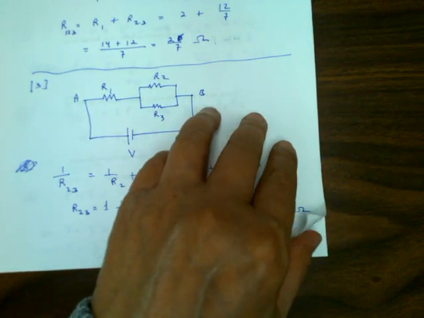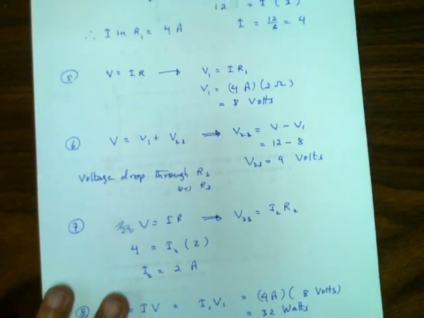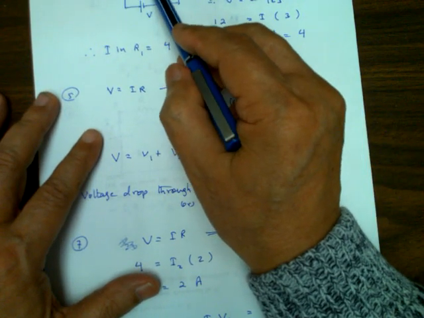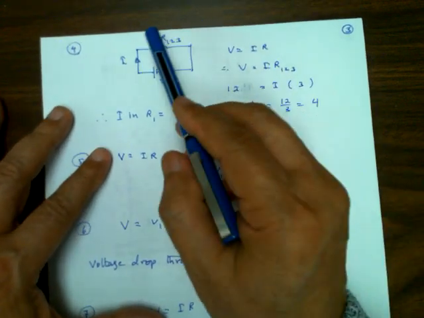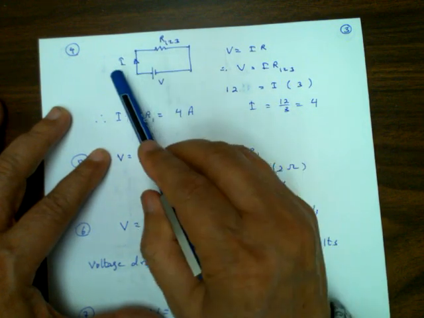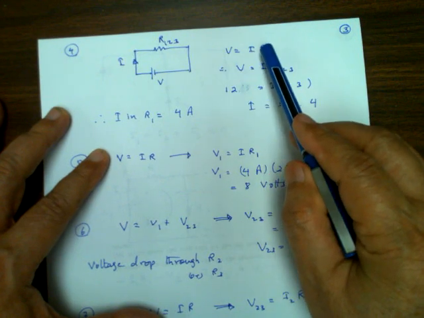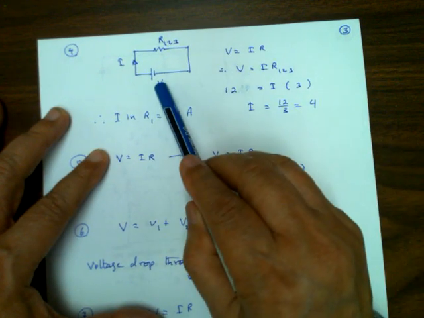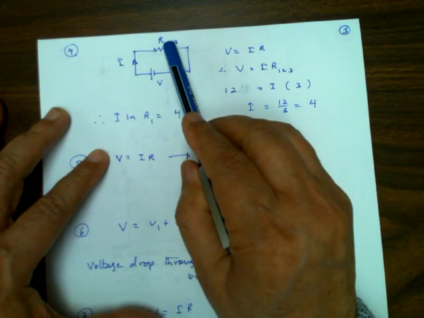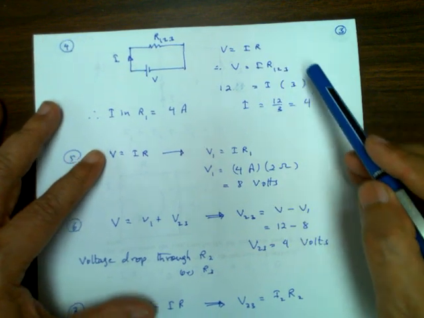So let's see. When we do that, I know that I find the equivalent resistance between points A and B. That is R123, and this is V. This is the current I. So I use V is equal to IR. V is this V, I is this I, and R is obviously R123. By the way, V is equal to IR is called Ohm's law.